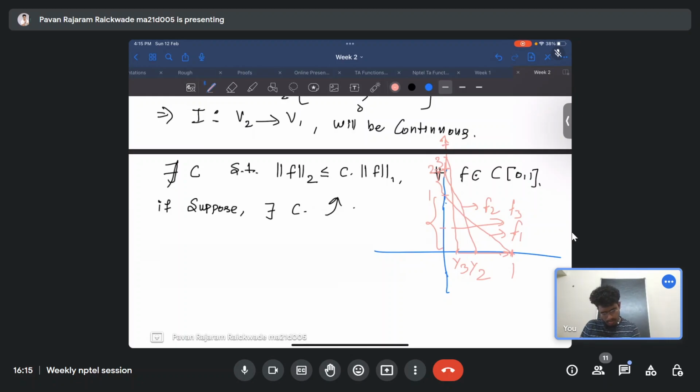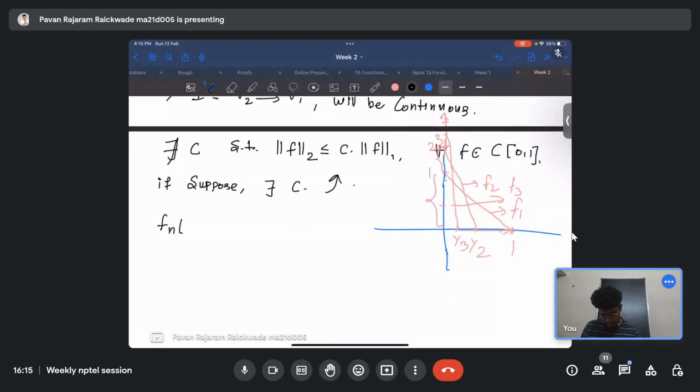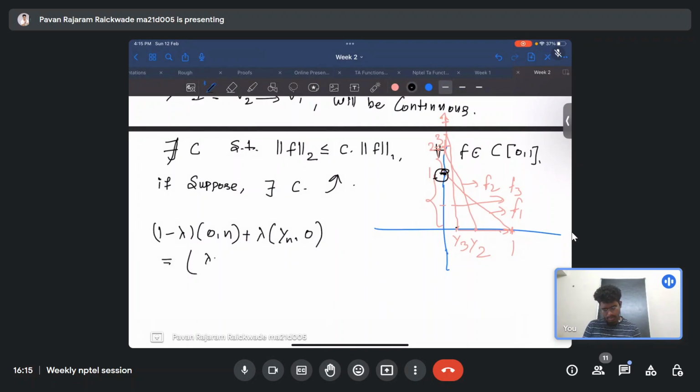Basically what I'm doing is f_n(t), what will be the equation of those functions? See, from n, it starts from n and ends at 1 by n. It's just a straight line, right? So how do you represent the equation of a straight line? (1 minus lambda) times the point 0 comma n plus lambda times 1 by n comma 0, which will be lambda by n comma n times (1 minus lambda).